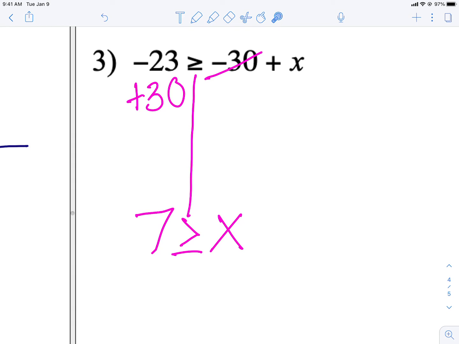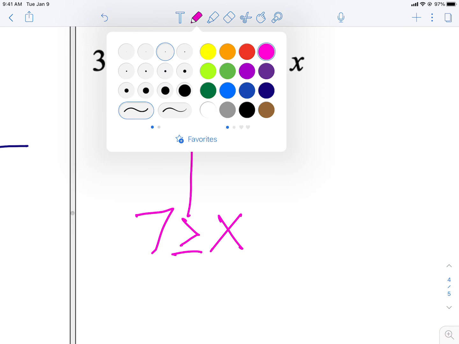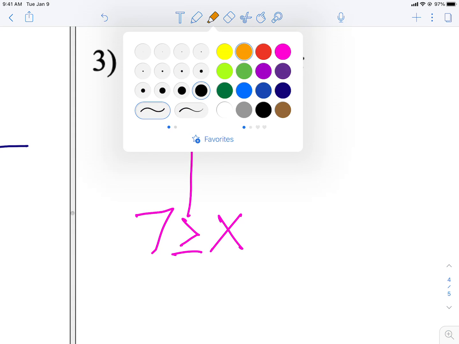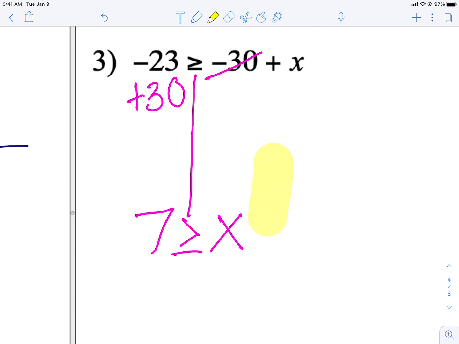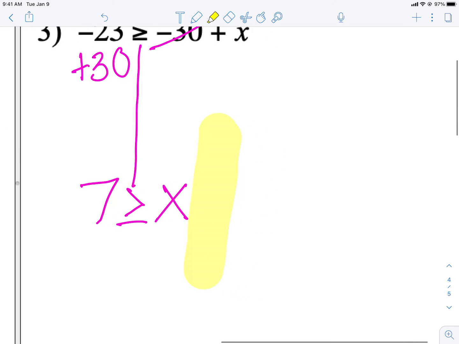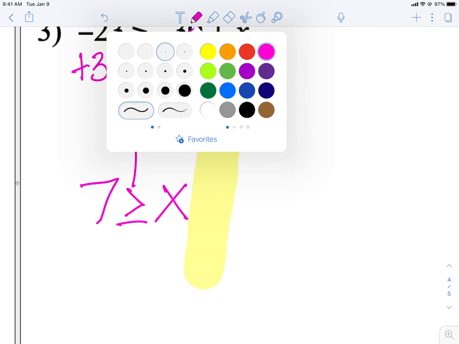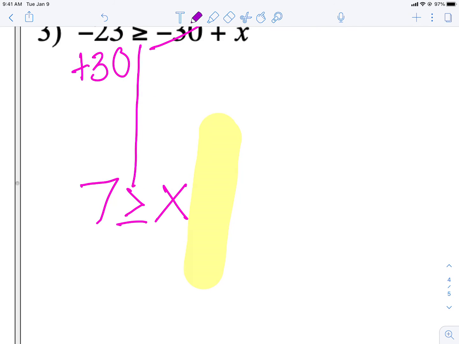Now, we're almost done, but the problem is that my x is on the right. I need to make a mirror. So I'm going to make my mirror here. There's my mirror, and my reflection is going to be x.